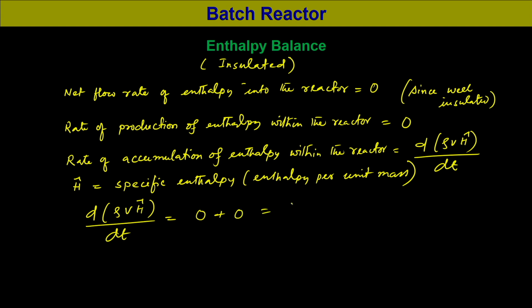So, rho V h cap is equal to constant, and from the total mass balance we have seen rho V is equal to constant.